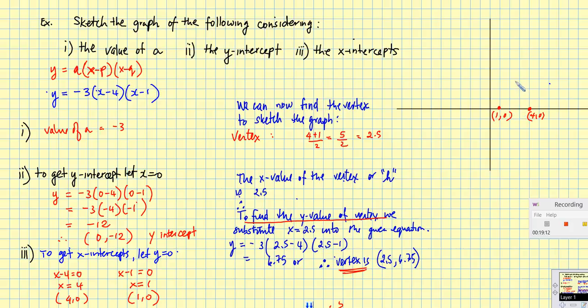So 2.5 is 1, 2, and a half is here. 1, 2, 3, 4, 5, 6, and 0.75 is just approximately there. We're looking at an approximation here.